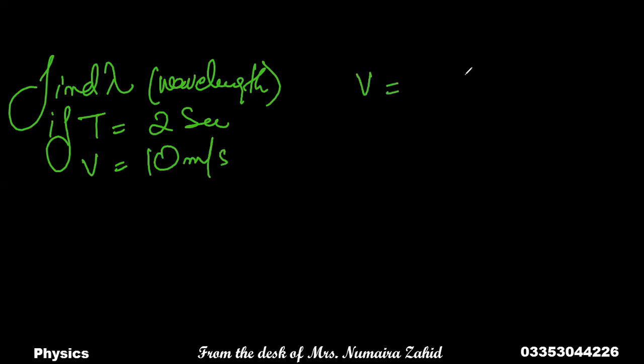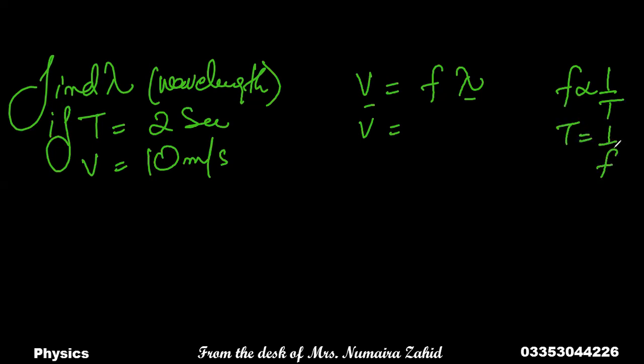We have V equals F lambda; the value of V is known, lambda is unknown, and we don't know the frequency. So we replace the frequency with time period, but always remember that frequency is the inverse of time period, or time period is the inverse of frequency. So F can be replaced with lambda over T.